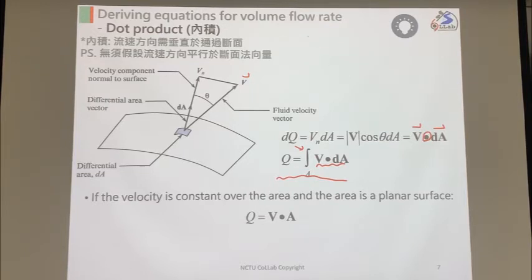So totally we have three formulas. The first one assumes the flow is uniform, and the normal vector of the cross-section area is parallel to the flow direction. So we can directly compute the discharge as velocity multiplied by the cross-section area, right? This is the first one we introduced.